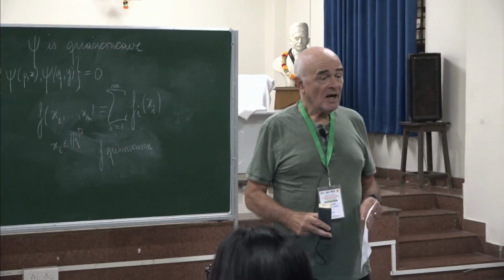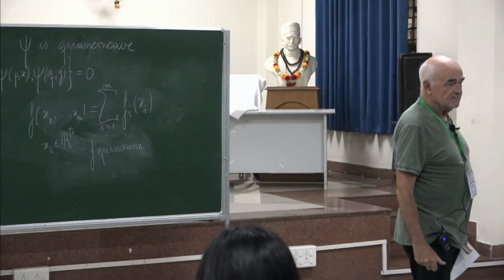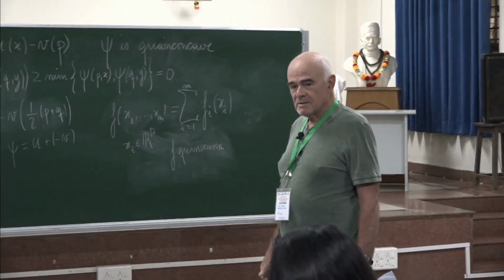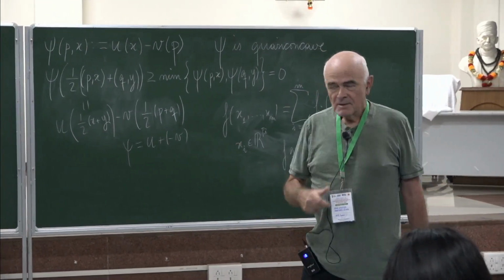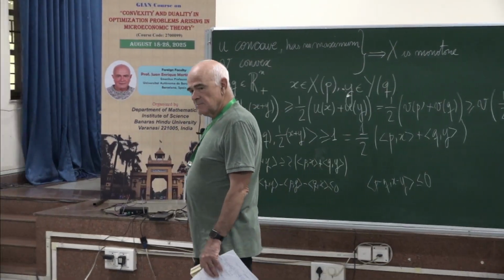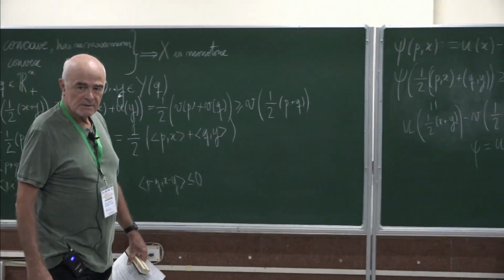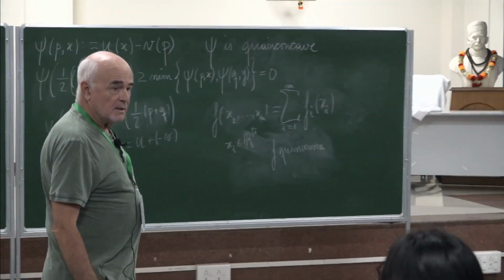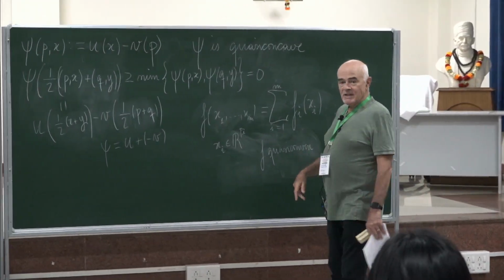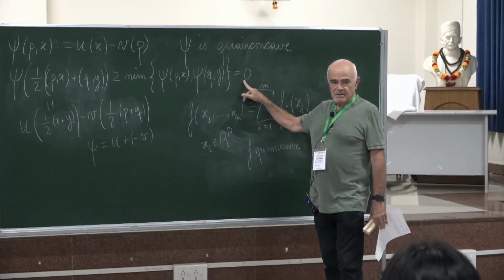What do you see? Are we really using quasi-concavity of psi? We are using it, but could we use less? What is quasi-concavity? It is convexity of the upper level sets. And here we have used only convexity of the zero upper level set.